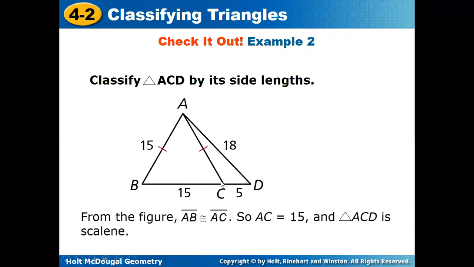So the triangle ABC is an equilateral triangle, and the triangle ACD has three different sides, 18 and 5, and this side AC is also 15. So the triangle ACD is scalene.